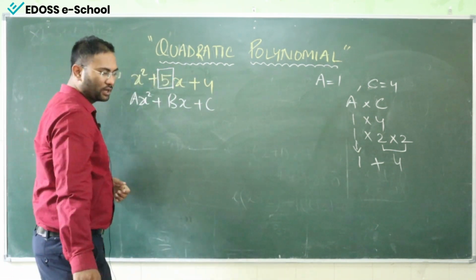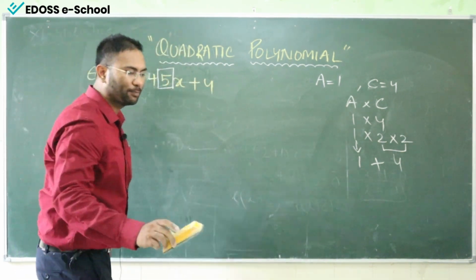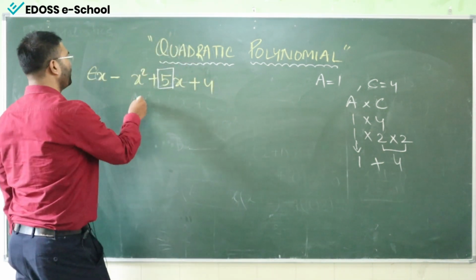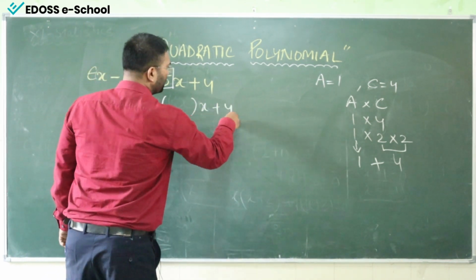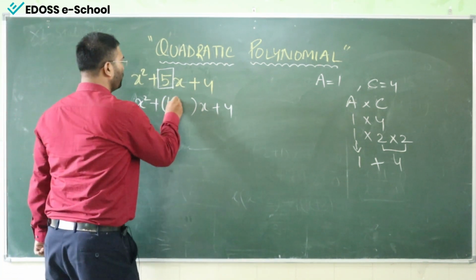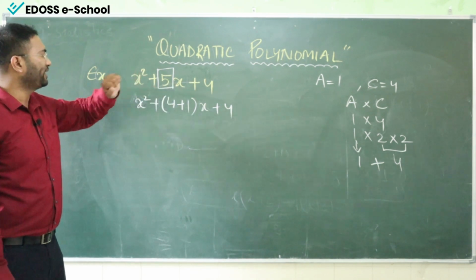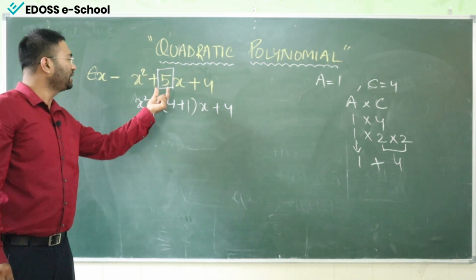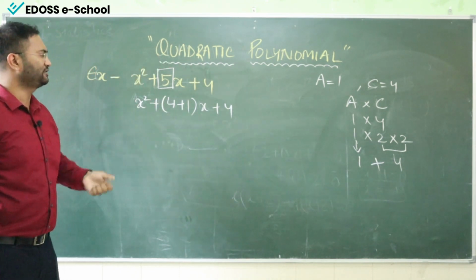Okay, so how are we going to solve this by splitting the middle term? Write every single thing of the polynomial in the same way as it was, and leave 5 for replacing it with the factors which we got, 4 plus 1, which will add up and give us 5. Now as you can see, we have split this 5 as 4 plus 1, which again gives us 5.